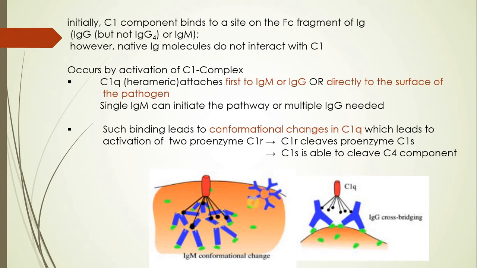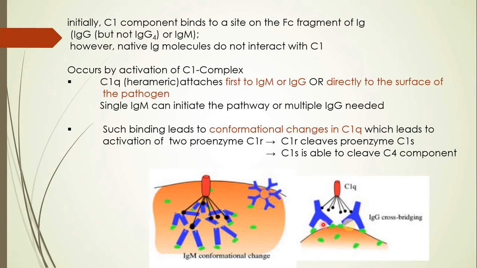When antigen binds with immunoglobulin, IgG or IgM, that time it will attract the C1 complex. Now C1 will be seen binding with the Fc region, and this binding is clearly shown in this picture.